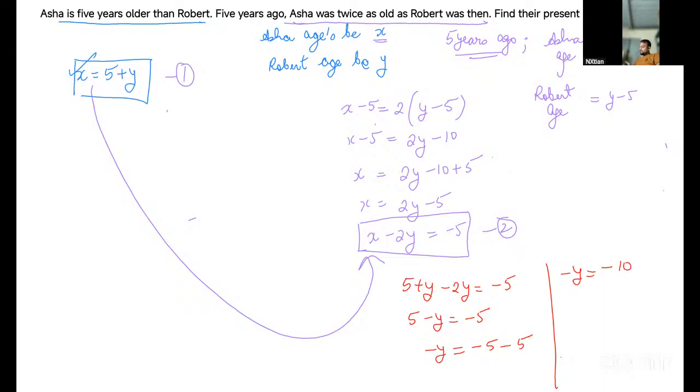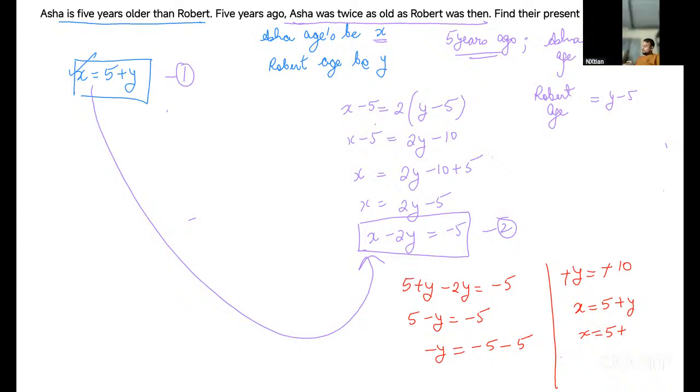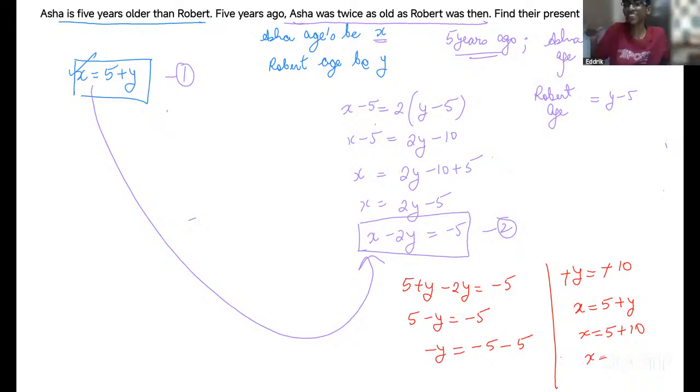Yeah, good. So whose age is X and whose age is Y? Asha is X and Robert is Y. Yes, same. So Asha's age is 15 and Robert's age is 10. Yes, good.